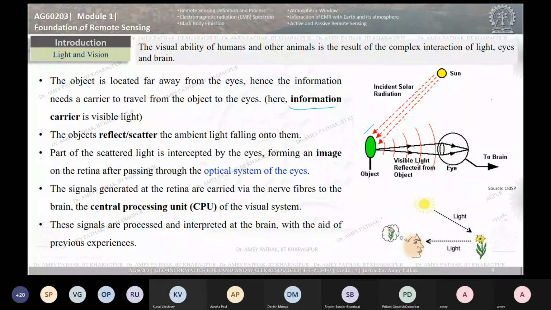The more times you see different kinds of flowers, the brain makes some mapping and stores that this is a different kind of flower, this is a yellow flower, this is a red flower, but this is a flower. So this information is being interpreted with the help of previous experience.